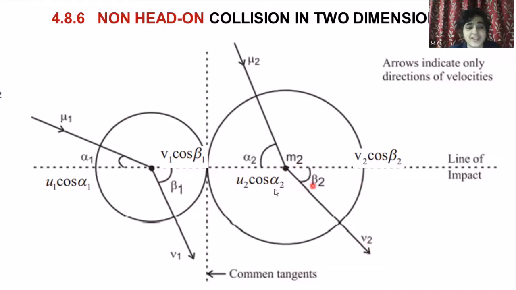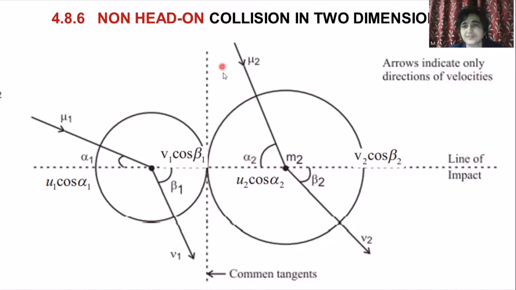One can verify that all cos components of these velocities are along the x-axis. म्हणजे angle तसे choose केलेत की x-axis शी होणारा angle alpha 1 आहे, x-axis शी होणारा angle beta 1 आहे. इथे पण तसंच आहे, alpha 2 आणि beta 2 are the angles made with the x-axis. So सगळे cos components are along the x-axis and sin components are along the y-axis.